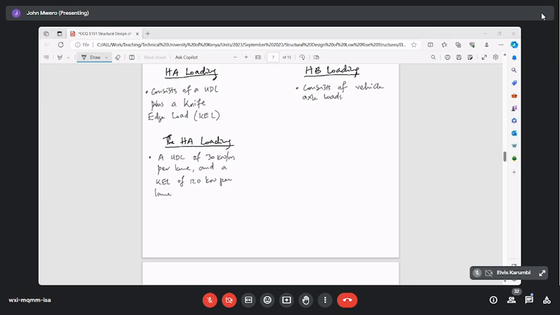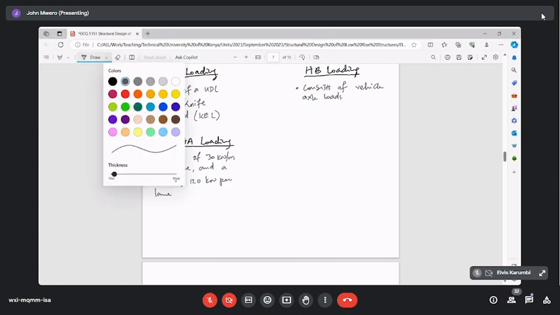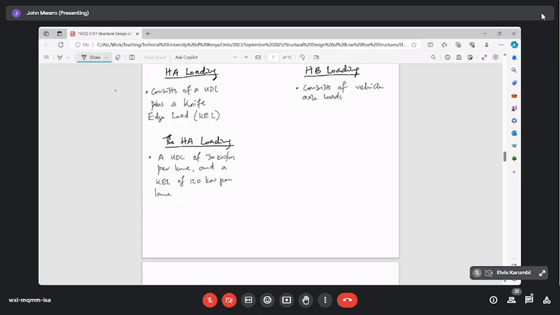Okay, so I want to draw a road section that has got 2 lanes, one going one direction and another one going the other direction, so that I can explain to you how this load is applied. Consider this sketch of a road section.